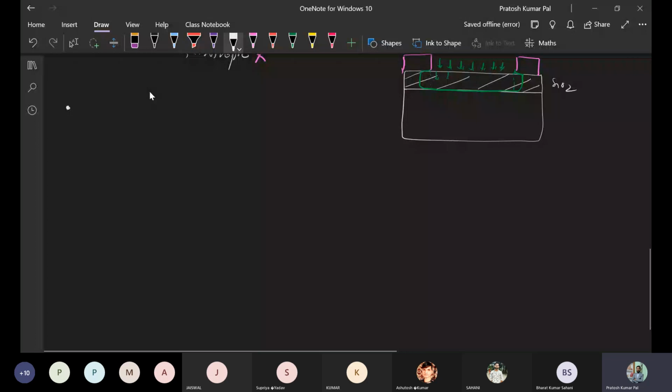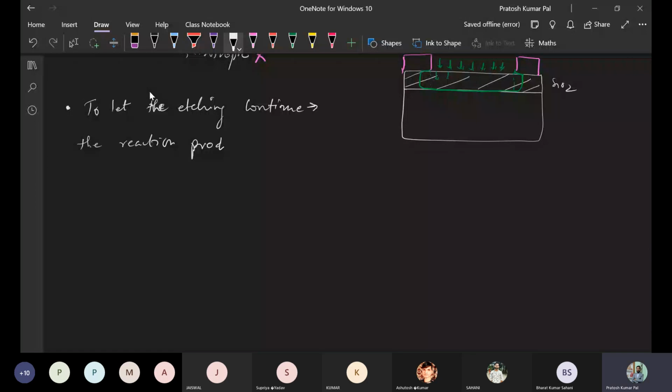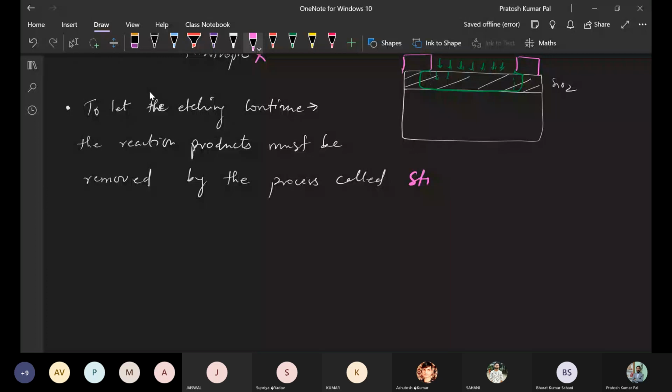So basically, to let the etching continue, the reaction products must be removed by the process called stirring.